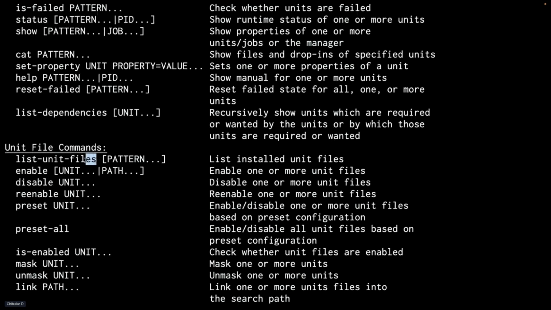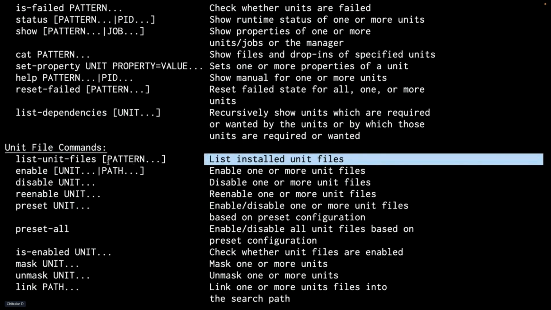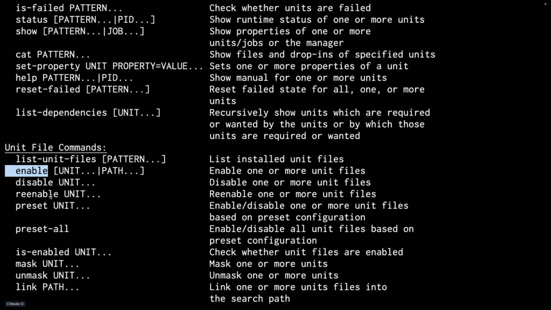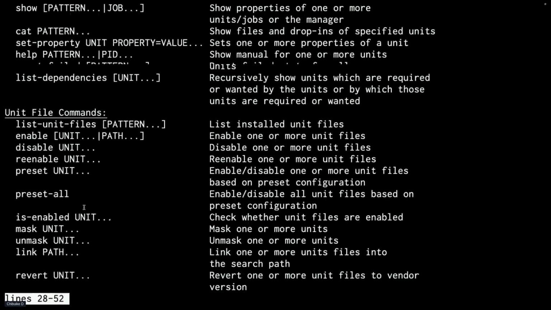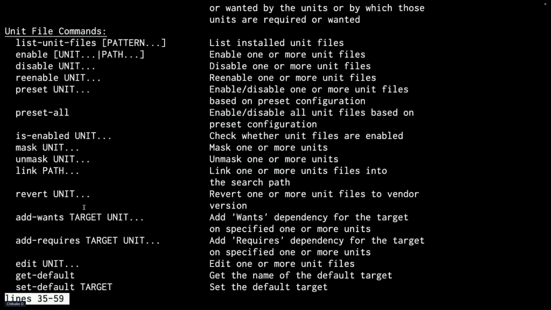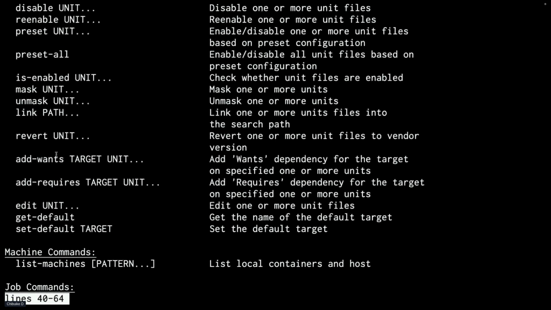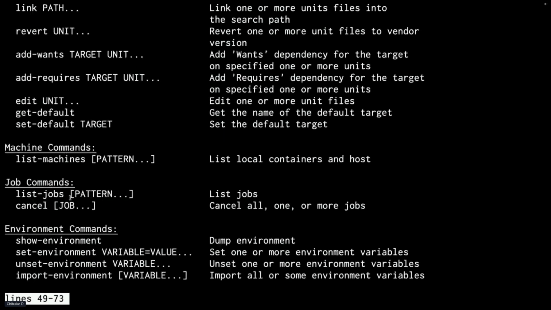So this is the list unit file. Here it's showing you the list installed units. Enable, disable, re-enable, proceed. Where you're adding a target or whatever, you might eventually not use all of them.